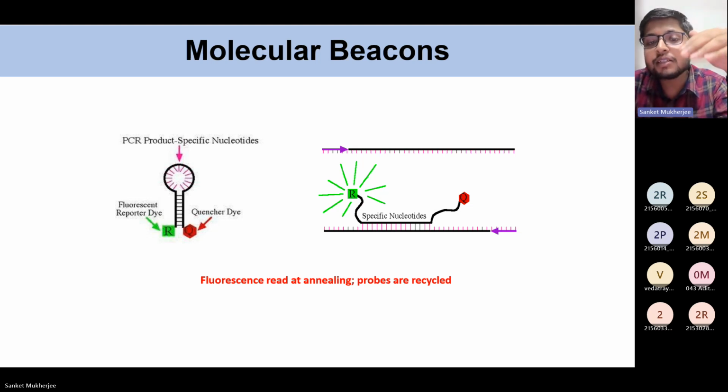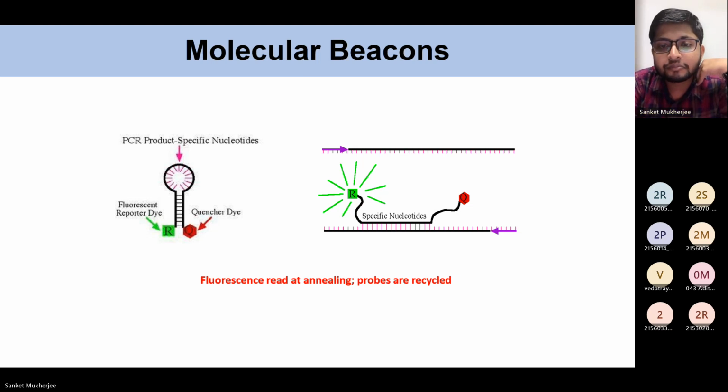So when PCR is happening, what would happen? Again, there is denaturation, then there is annealing, and then what is the next step?